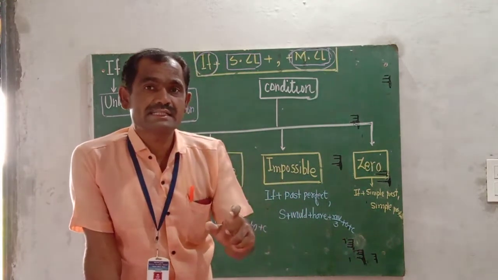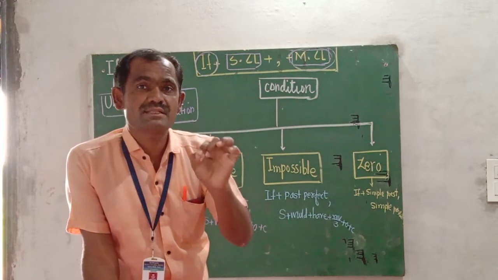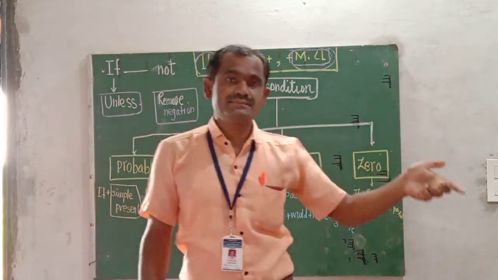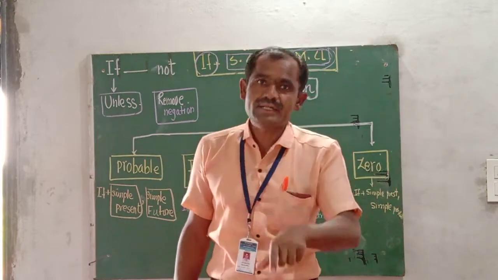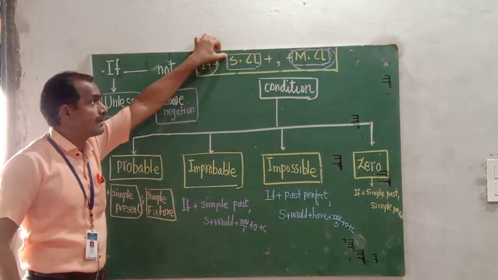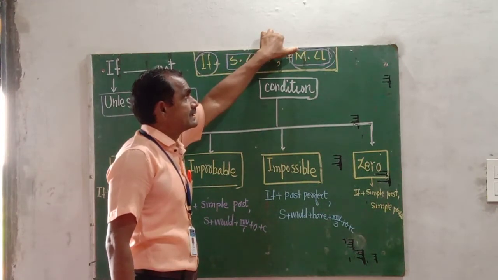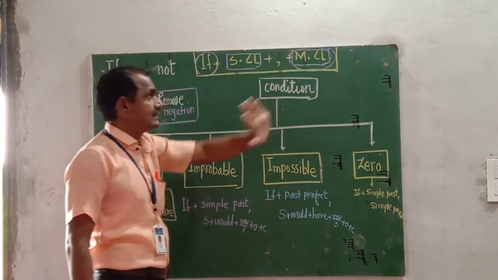In the sentence having the presence of if, the condition is given, that is the subordinate clause, and if the condition is not followed, the result is given in the main clause.